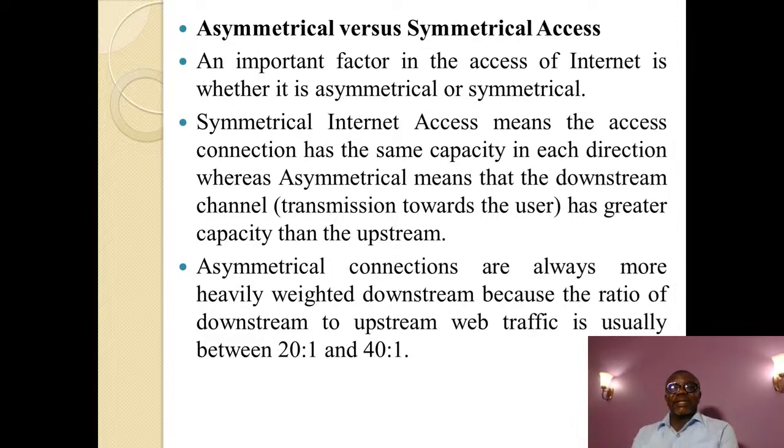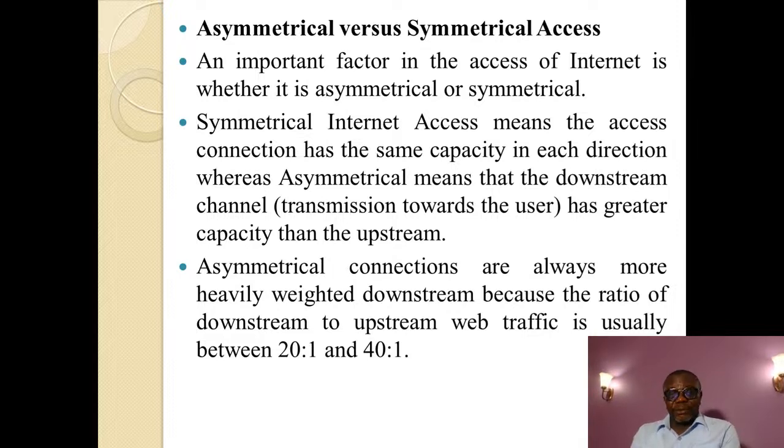Whereas in the asymmetrical, your sending message takes a small percentage of the capacity because you are more likely to download probably pictures, big files. So the download link, which we call the downstream channel or the transmission towards the user, has greater capacity than the one going from the user.